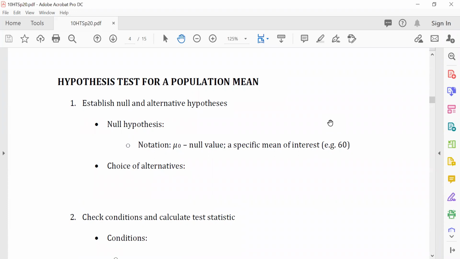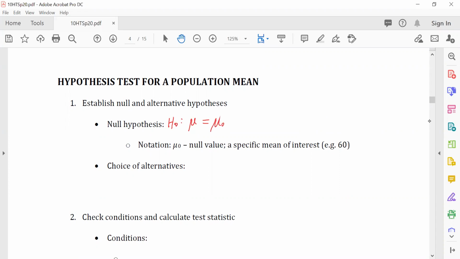So the first step is to establish the null and alternative hypothesis. The null hypothesis will be your true population mean mu equals a specific value mu null.